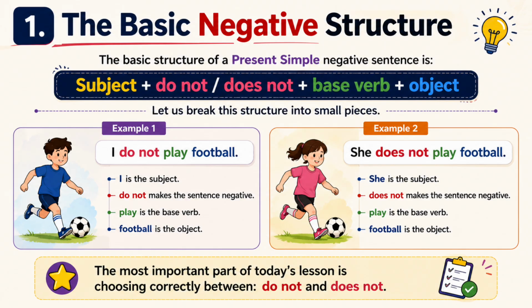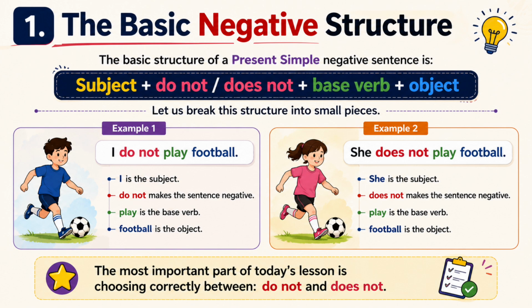The basic structure of a present simple negative sentence is subject plus do not or does not plus base verb and then object. Let us break this structure into small pieces. In this sentence, I do not play football. I is the subject. Do not makes the sentence negative.